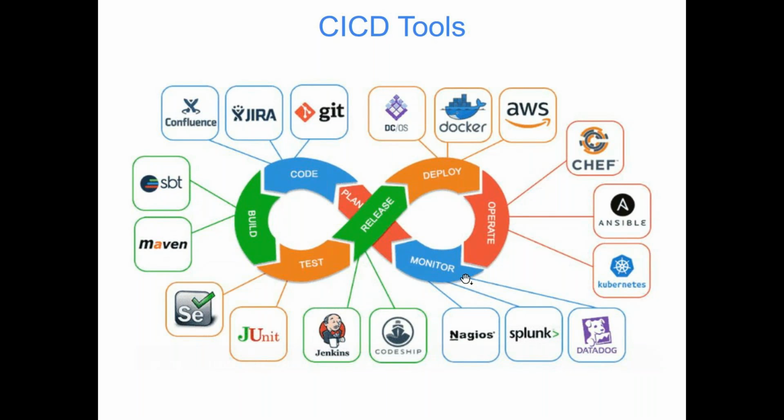And coming to monitoring, if you want to monitor the performance of your products, Nagios is one of the third party tools and is open source. Splunk is one of the logging tools. It will capture all the logs from your website or from your server, and it will help you to analyze the performance, how the CPU utilization is going on, how the memory usage is going on.